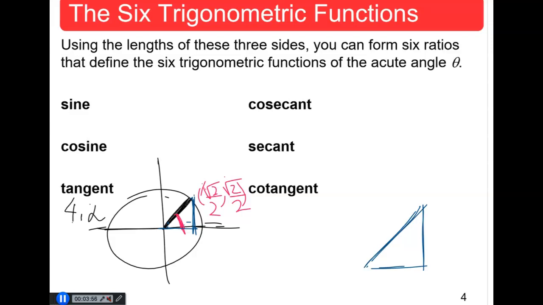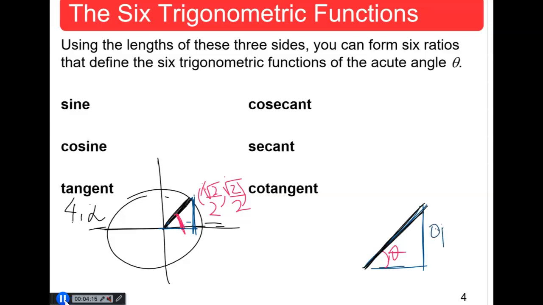And we have here the same angle. And let's see. The longest, remember, that is the hypotenuse. So if we are talking about this angle here, the side that is right across from it is the opposite.